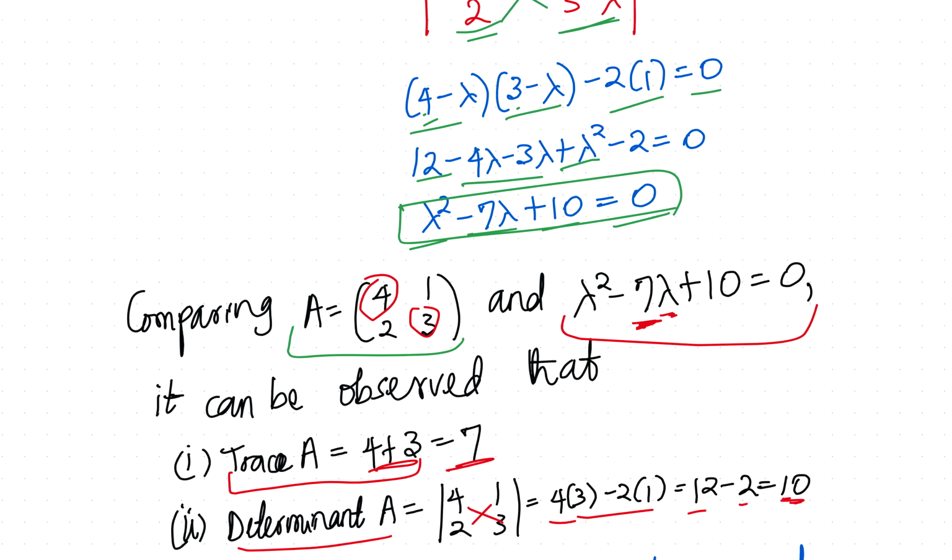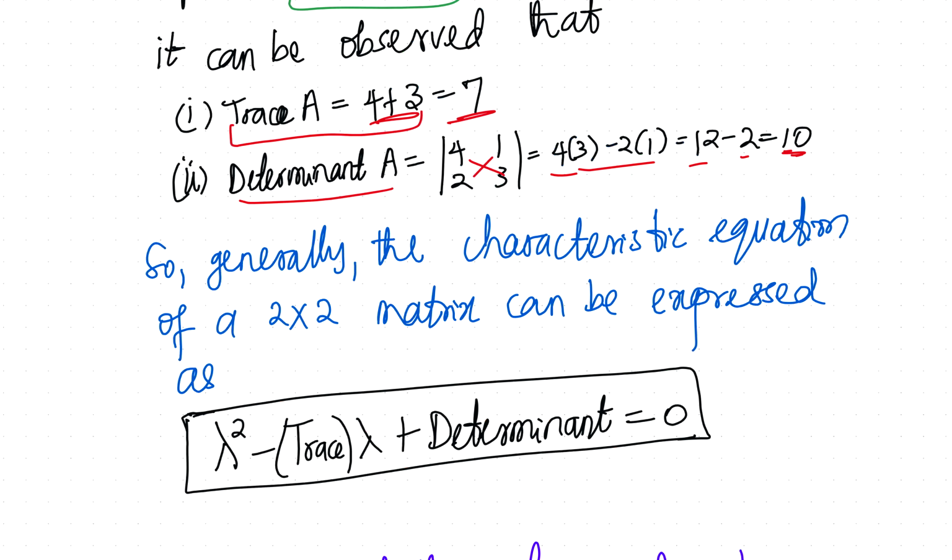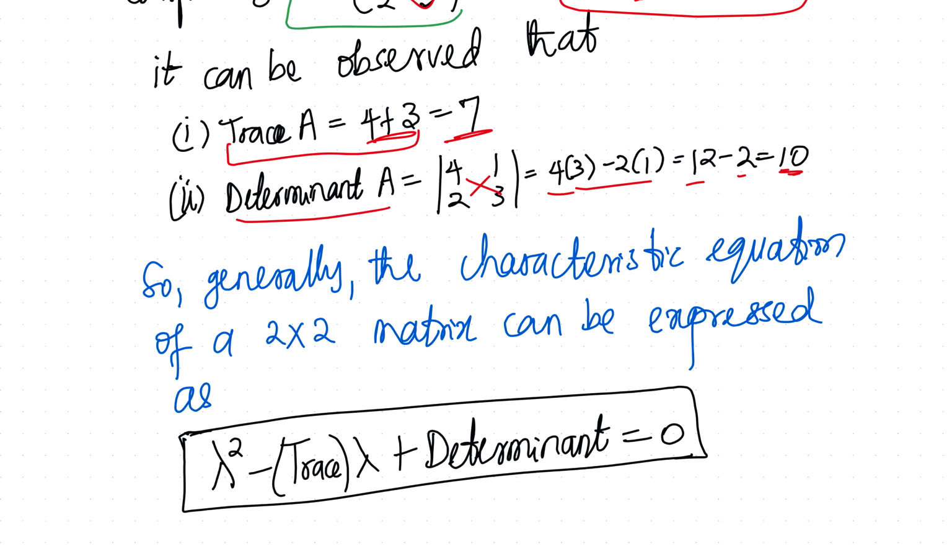That is what happens for every 2 by 2 matrix: the trace and determinant determine how the characteristic equation looks. Generally, the characteristic equation of a 2 by 2 matrix can be expressed as lambda squared minus the trace of the matrix multiplied by lambda, plus the determinant of the matrix, equals 0.